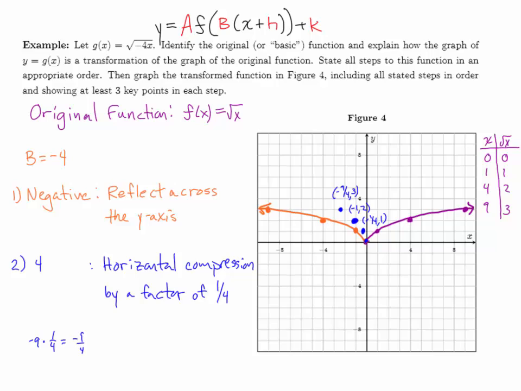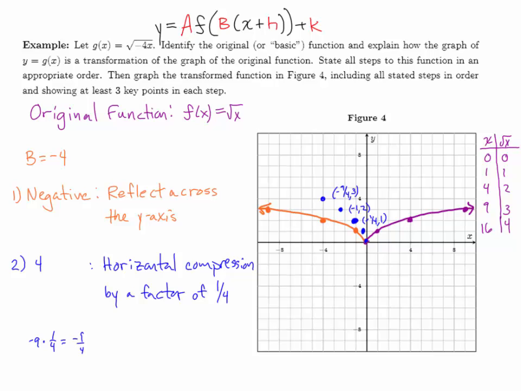Okay, so now I'm ready to connect these. There's one other detail that I can add in, and that's that that original function would have had one more value. It would have had 16, 4. And then when that's reflected across the y-axis, that would have gone to negative 16, 4. So that detail is helpful when I want to sketch a more accurate graph of this, in that the point negative 4, 4 is going to be on here.